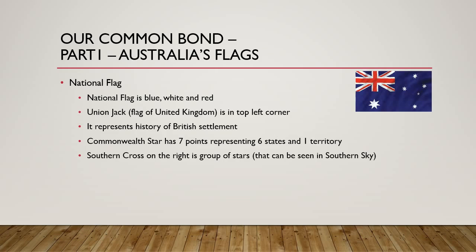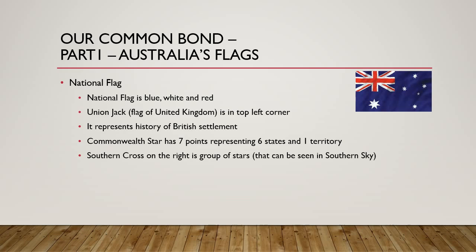The national flag of Australia has the colors blue, white and red, and we have a Union Jack in the top left corner, which is the flag of the United Kingdom. It represents the history of British settlement. The Commonwealth star has 7 points, which represents 6 states and 1 territory.